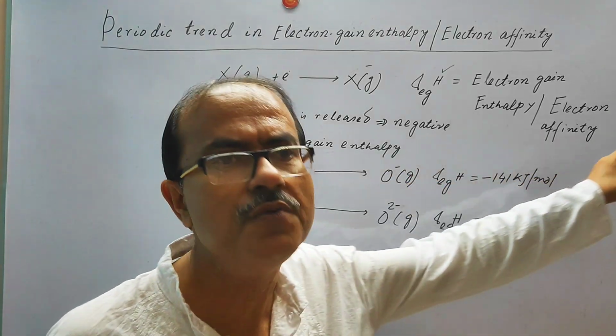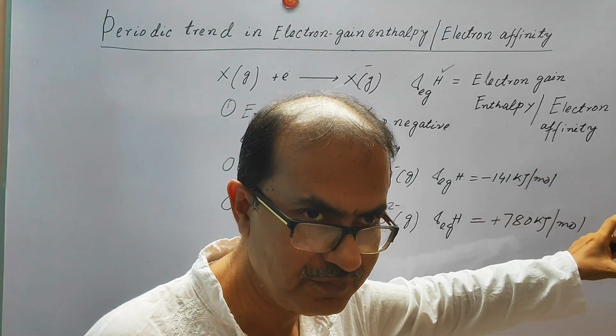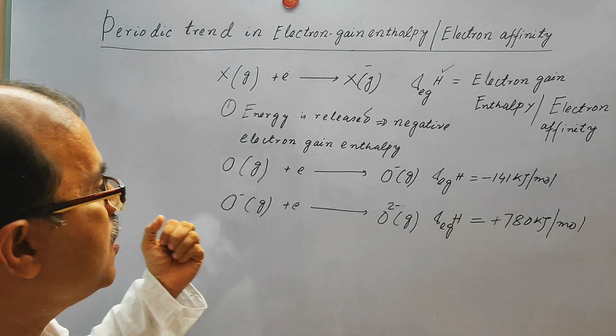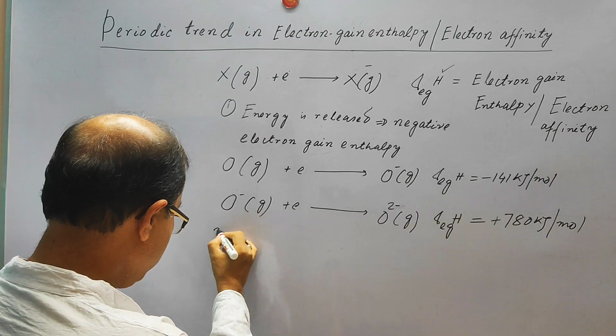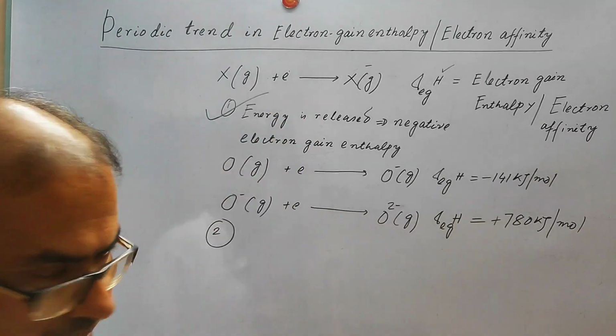Here energy is absorbed. So in the second case energy is absorbed, positive; the first case was energy released, then negative electron gain enthalpy.